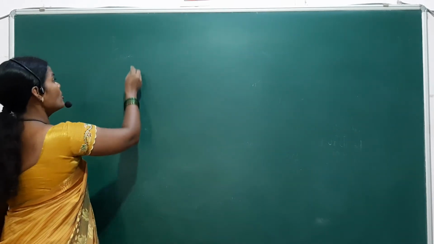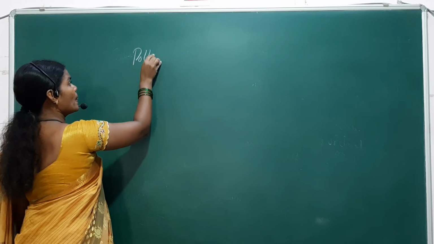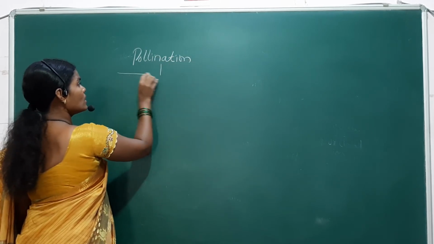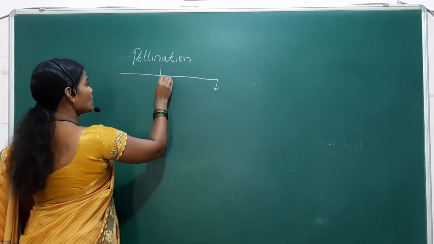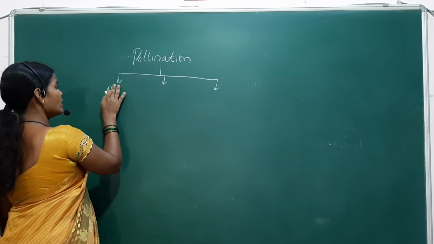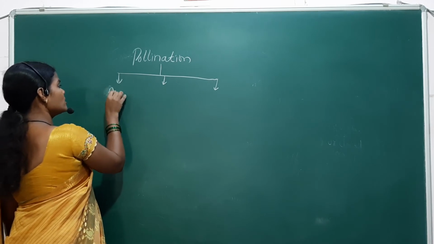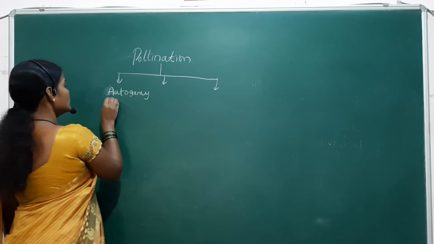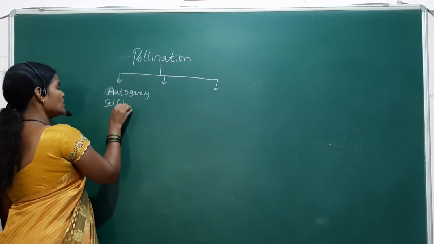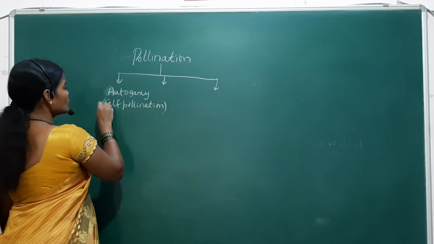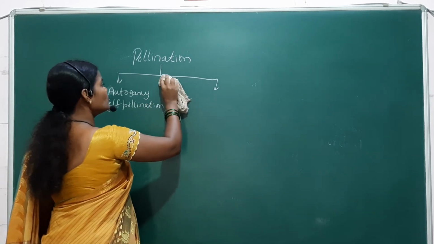Write down pollination, then self-pollination, that is autogamy.